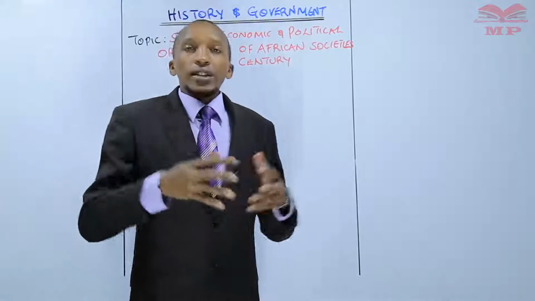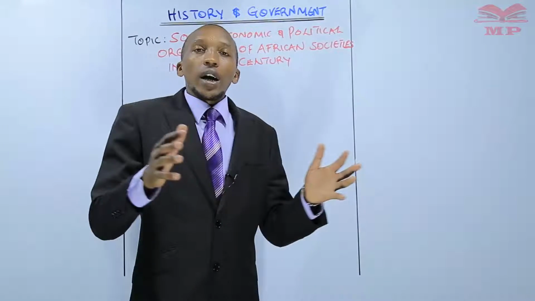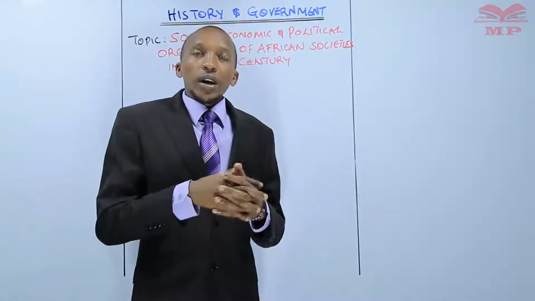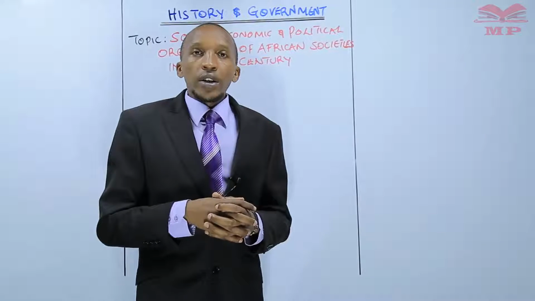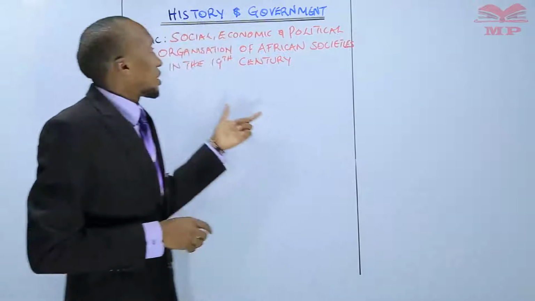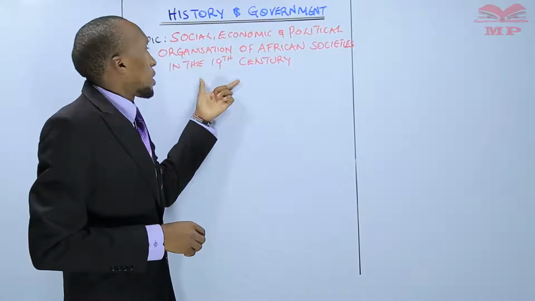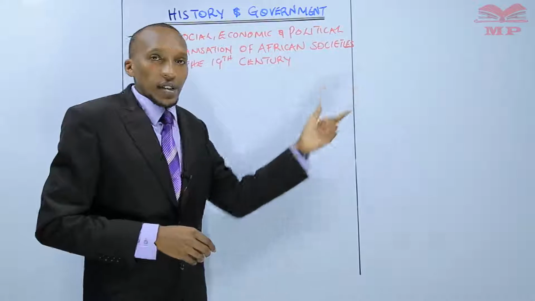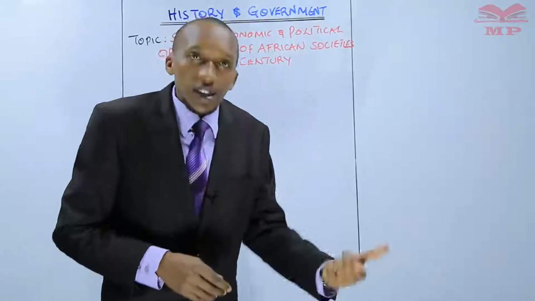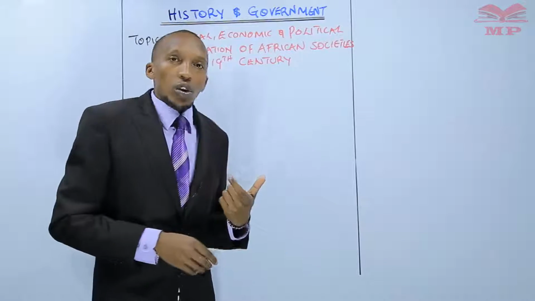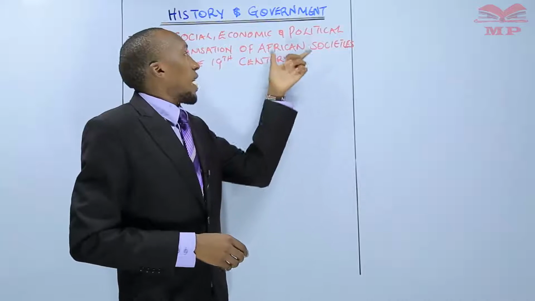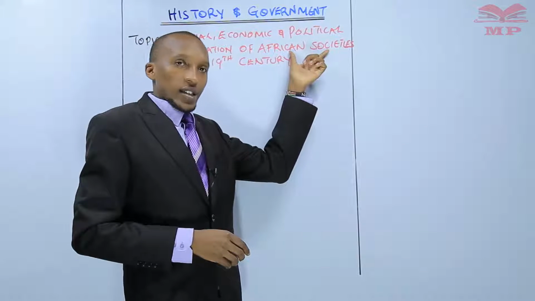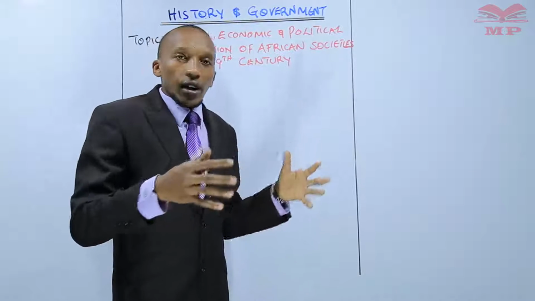In the same way the Kenyan communities came and settled in Kenya, in this topic we are going to be discussing several African societies. Apart from what you have learned in your Form 1 work, we are now going to look at other African societies apart from Kenya.